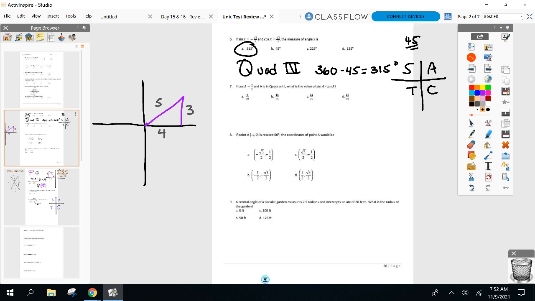All right, so it's asking me to find the sine of A and multiply it with the tangent of A. All right, so sine A. Three over 5, opposite over hypotenuse. So there's sine. How about tangent now?